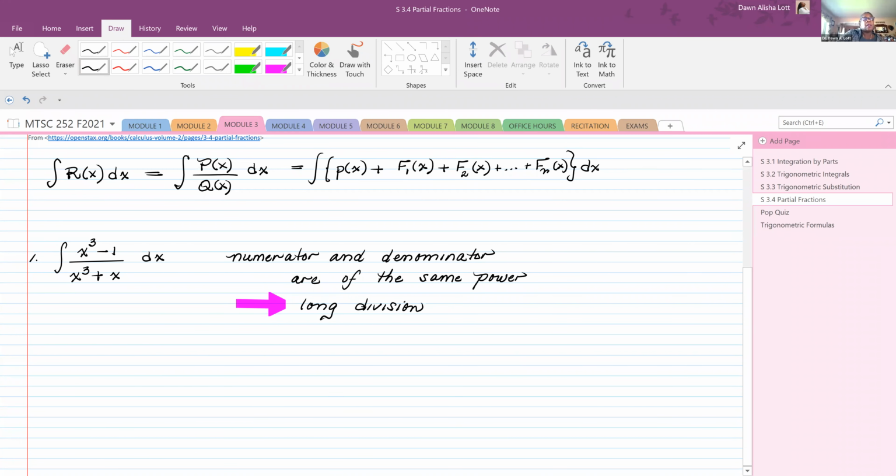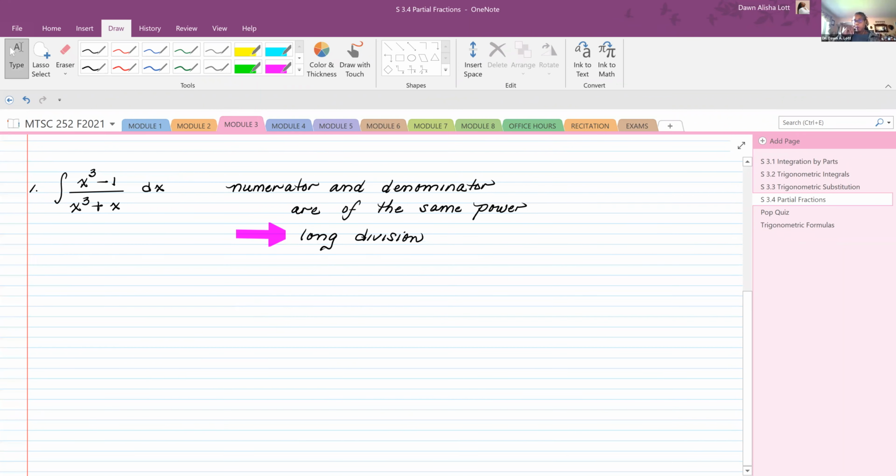Okay, so what in the world does long division look like? Well, I have x cubed plus x, and I am going to divide that into x cubed plus 0x squared. Well, wait a minute.